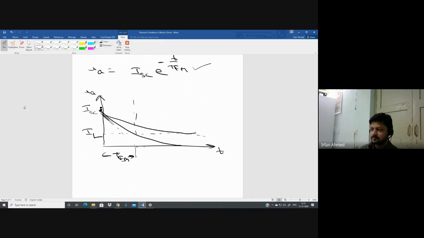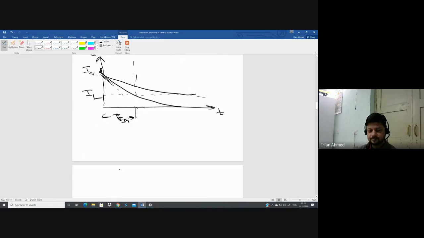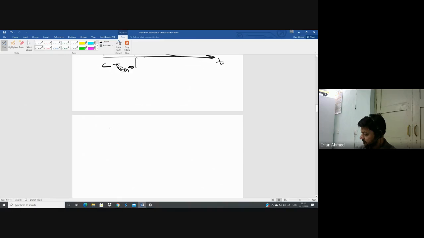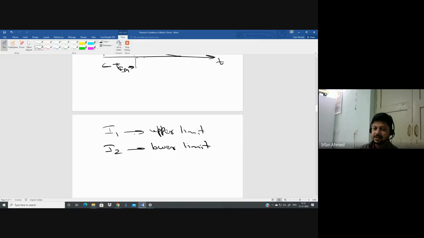Let us say I1 is the upper limit and I2 is the lower limit.